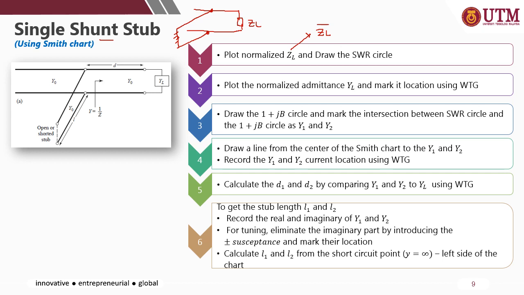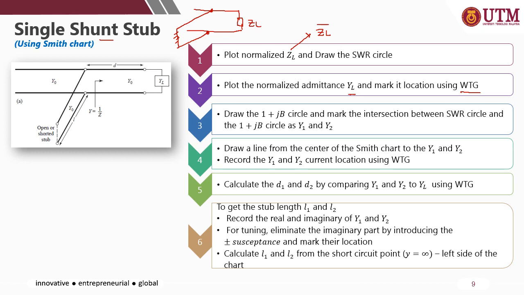Mark the YL position, and then extend a line from the center of the Smith chart to the YL point, and look at the position using the wavelength towards generator.